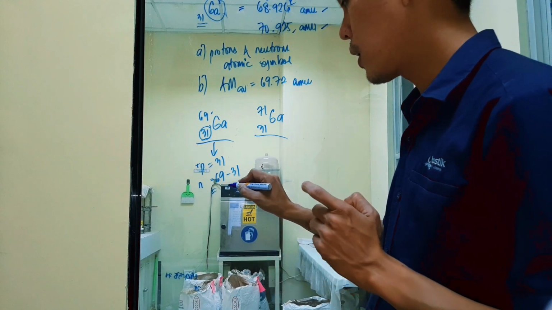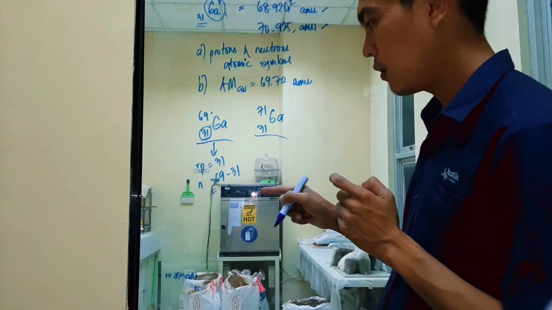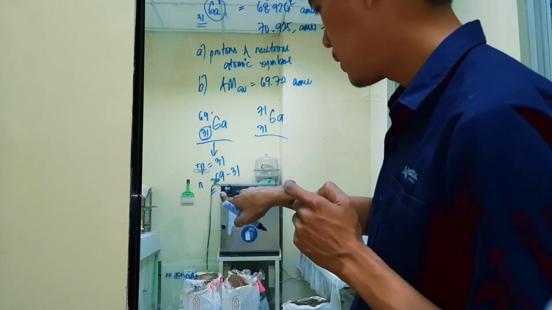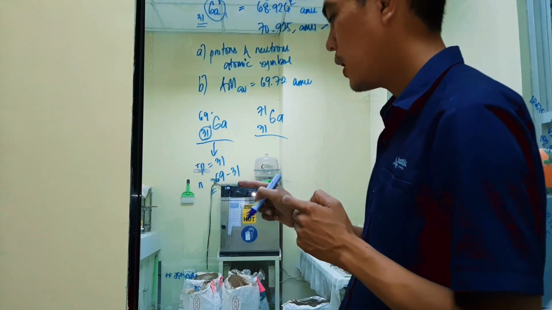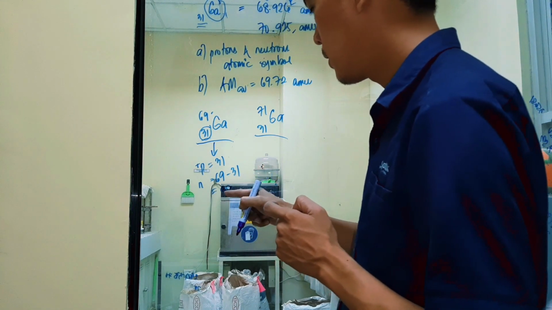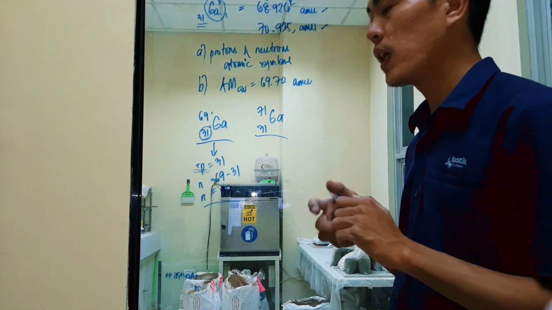So that is 38. So 38 neutrons for gallium-69.